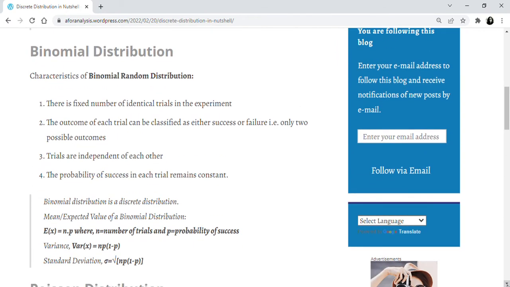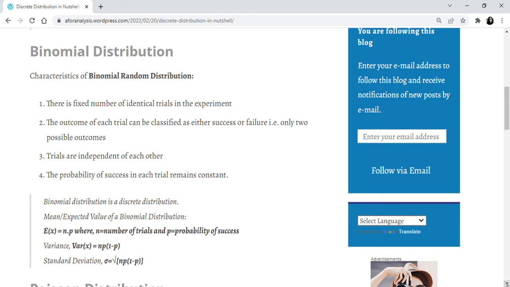The first one in the list is binomial distribution. So there are few characteristics of binomial random distribution. First of all, of course, this is a discrete distribution. Then there should be a fixed number of identical trials in the experiment. Number two, the outcome of each trial can be classified in two possible outcomes, which is success and failure.